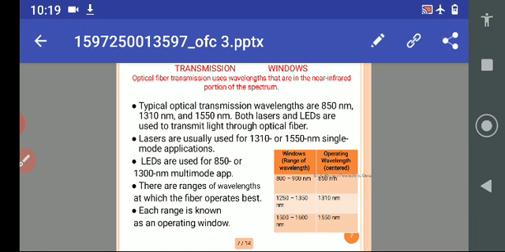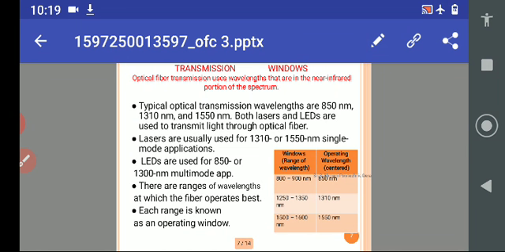Within these wavelength ranges, we can use LED and laser sources to transmit the light through the optical fiber. Lasers are suitable for 1310 and 1550 nanometers with single mode applications, whereas for multi-mode applications we are selecting LEDs as a source, and they are operable at 850 or 1300 nanometer wavelength.